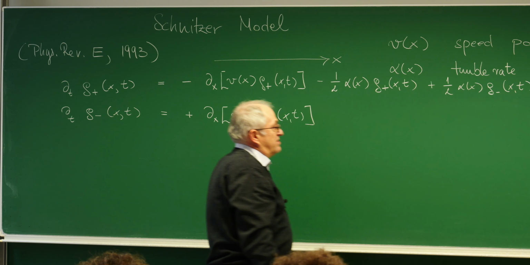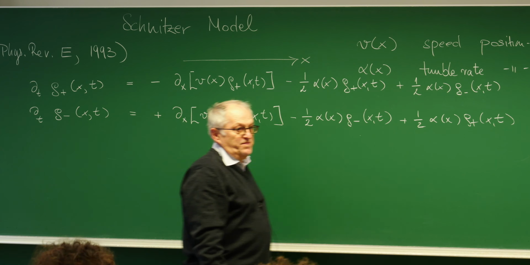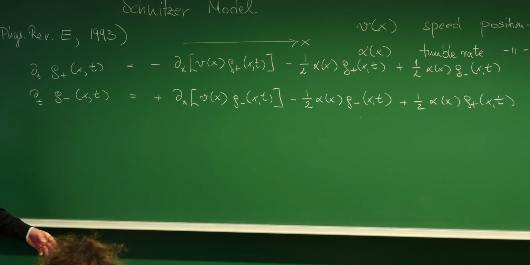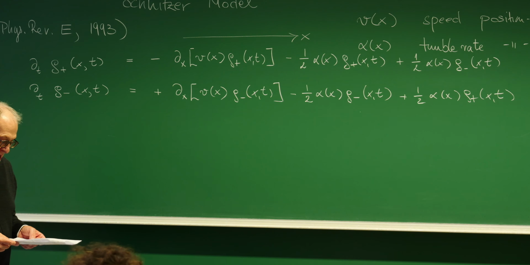And the other equation is just analogous because it has the flips in the opposite direction. So there's a rho minus here, and I then have a rho plus here as the second term. That's a very general structure: drift, and some switching between different states.